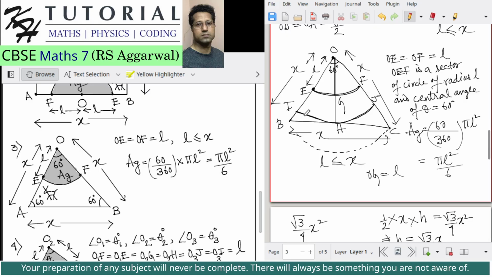Then the length of the rope should be root 3 by 2 x.